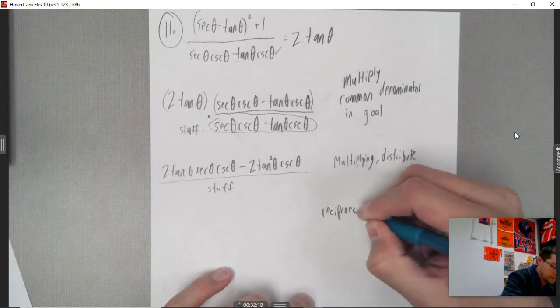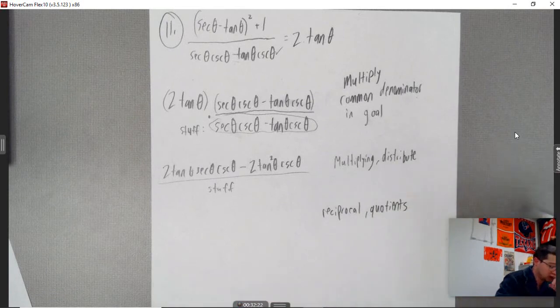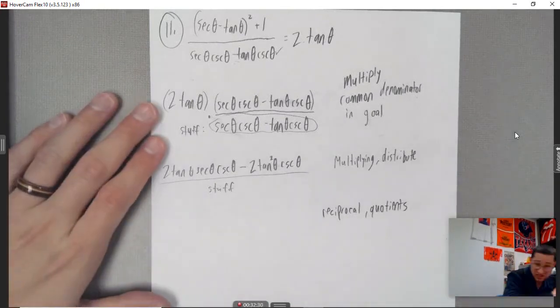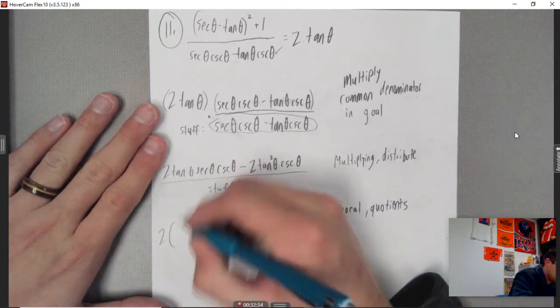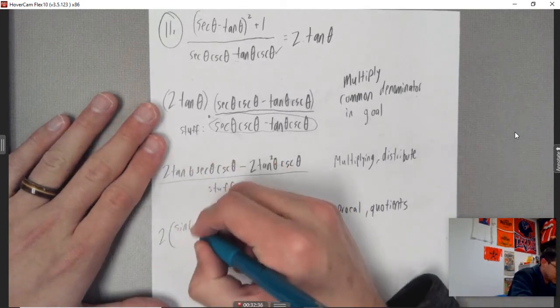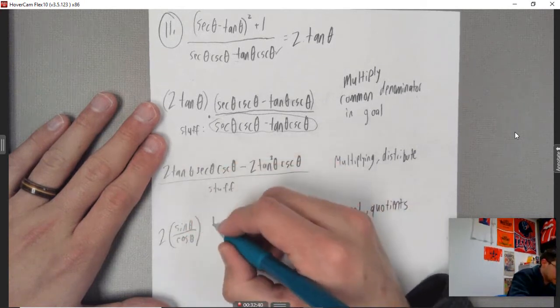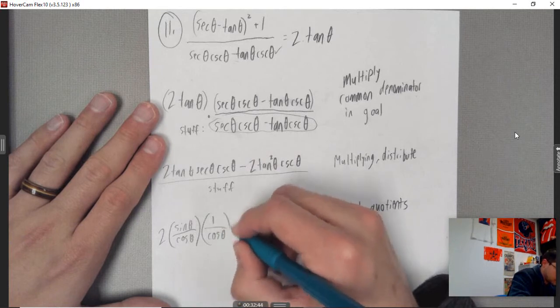So reciprocal and quotients is what we're going to do here. The reason I want to do that is that maybe there are some cancellations that will happen, and we can condense things down. So let's get everything to sine and cosine and see what happens. 2 tangent, that's sine of theta over cosine of theta. Secant is 1 over cosine of theta.